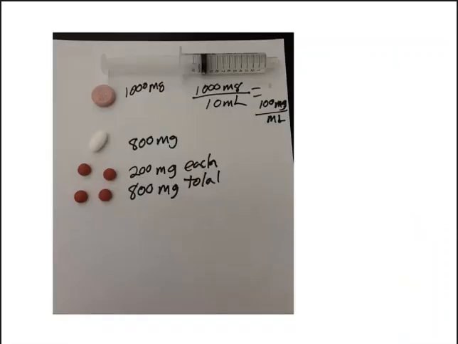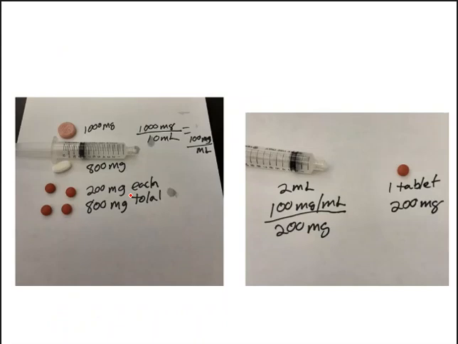All right, so I mixed those together and drew it up in a syringe. So you see I've got the 1,000 milligrams in 10 milliliters of diluent, or 100 milligrams per milliliter. So for each one of these, that would be 100 milligrams. So if we wanted to give an equivalent to 800 milligrams, then we would only draw up 8 milliliters.